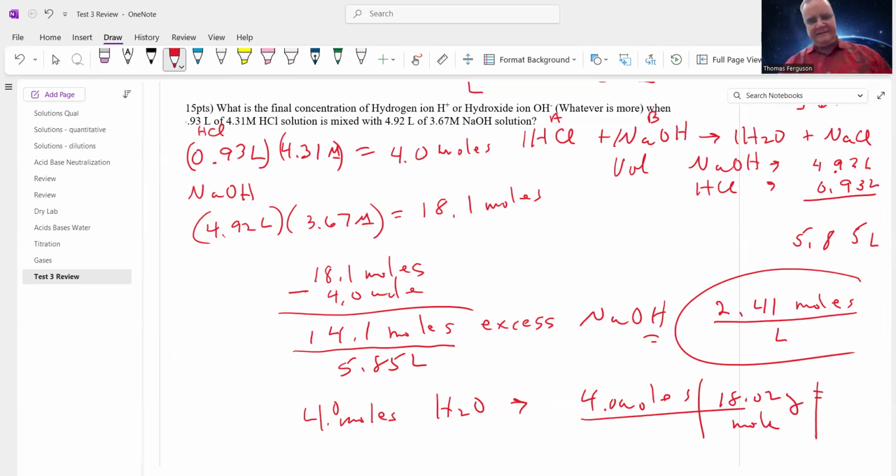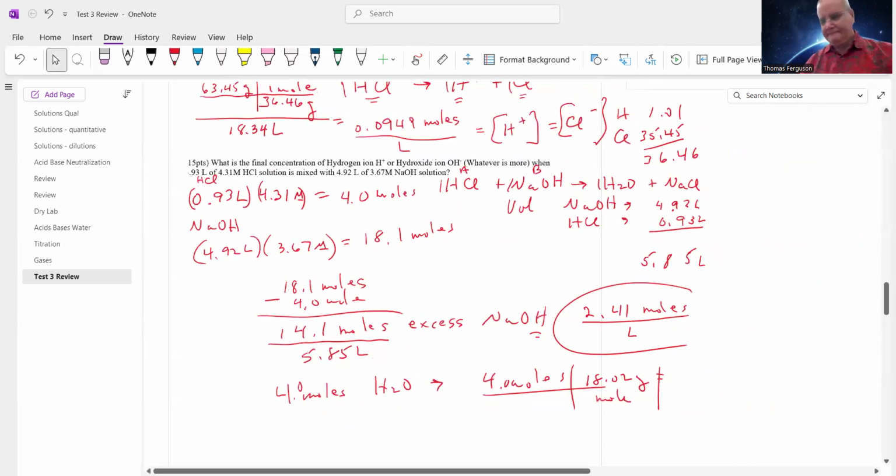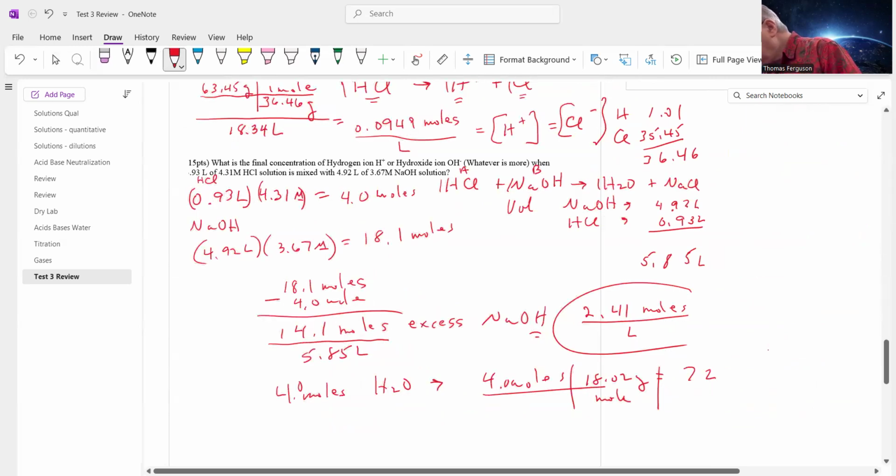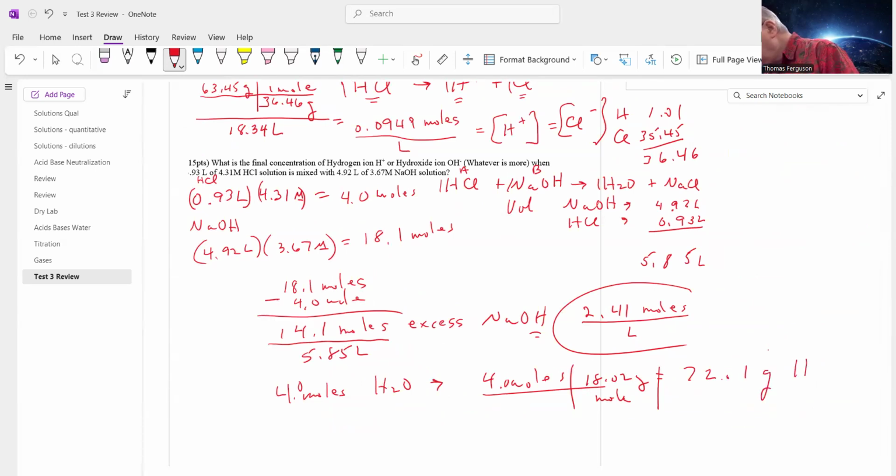Okay, we're looking at, and again, a gram is equal to a milliliter of water.